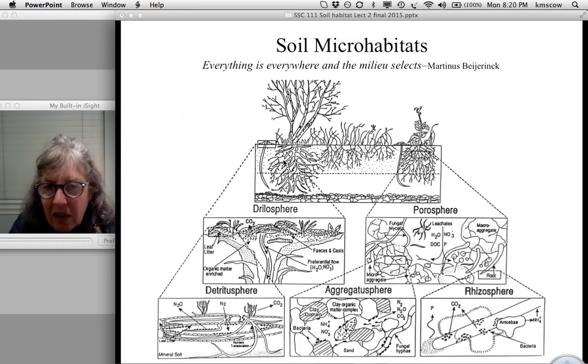This is a blow up here. This thing that we're calling a drilosphere is a microenvironment that's created by a worm that's moving up and down, pulling organic matter from the surface down deeper in the soil.